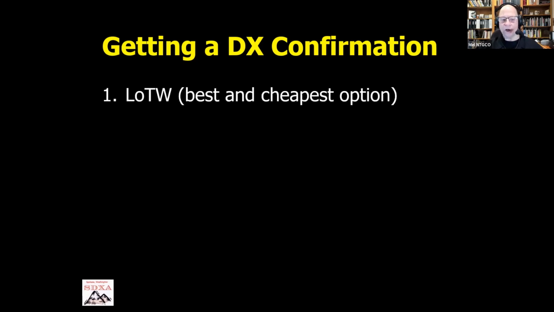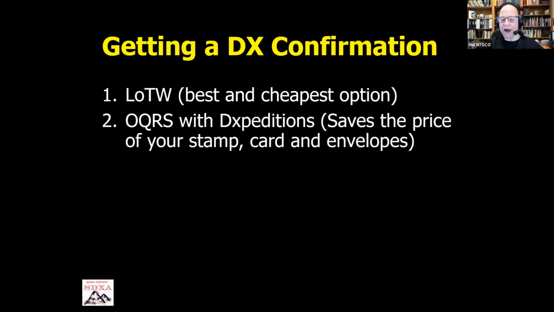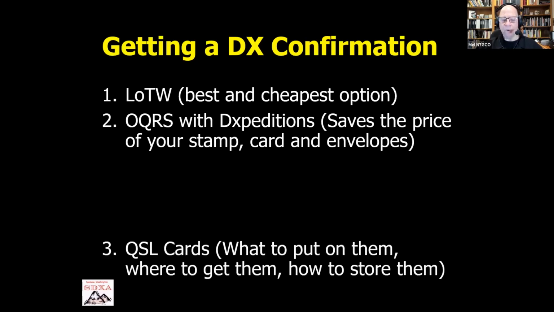And we're going to look at 5 things. Logbook of the World is probably the best and cheapest, but not everybody uses it. But we'll talk about that one. Then OQRS is fantastic for DXpeditions. It actually saves the price of your stamp, card, and envelope, and you'll get one, and I'll show you how to do that.